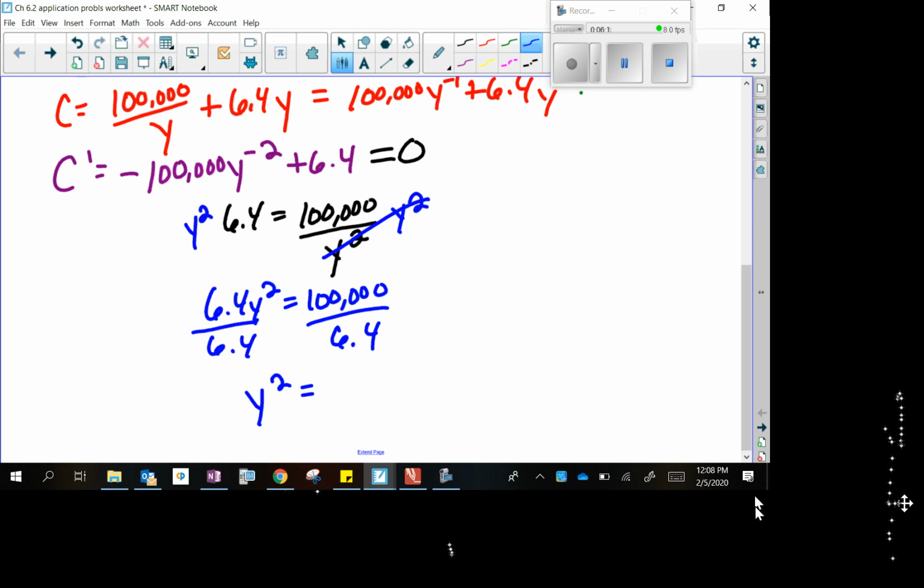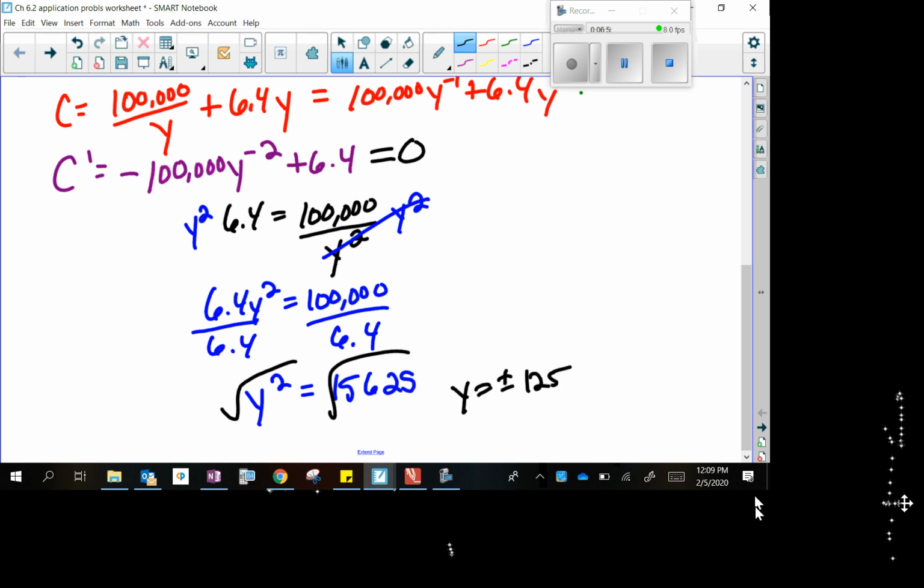It should be a good square. 15,625. Then to solve for y, we take the square root. All of these, as I said, should give you nice even numbers. So we get y equals plus or minus 125.